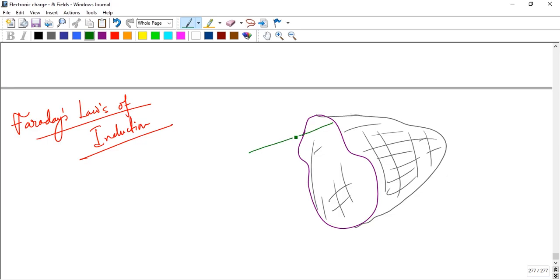So suppose there is some magnetic field B inside that fishing net.